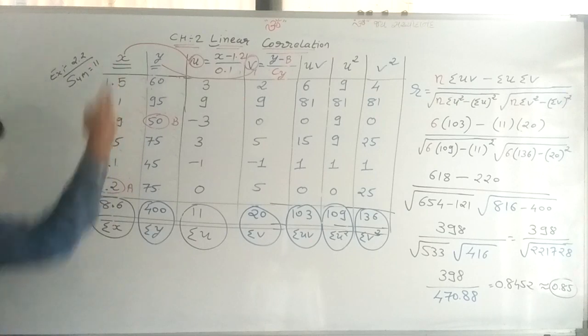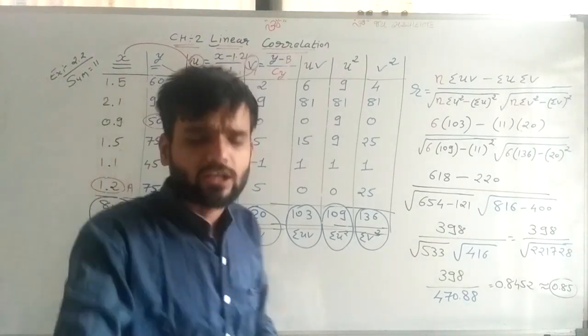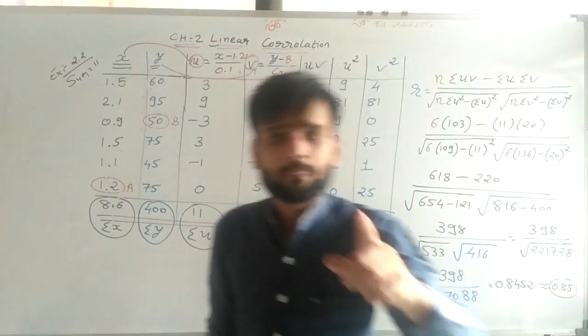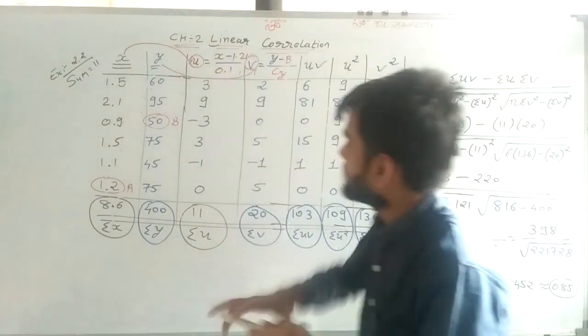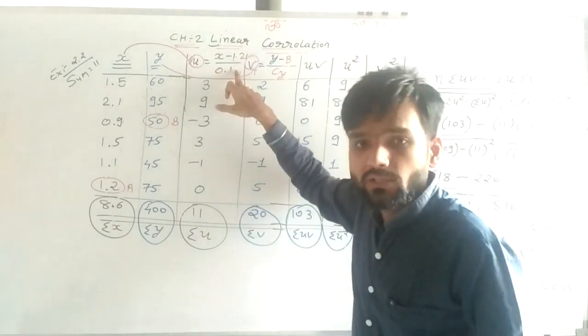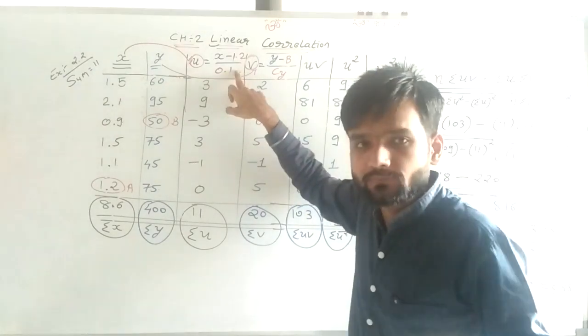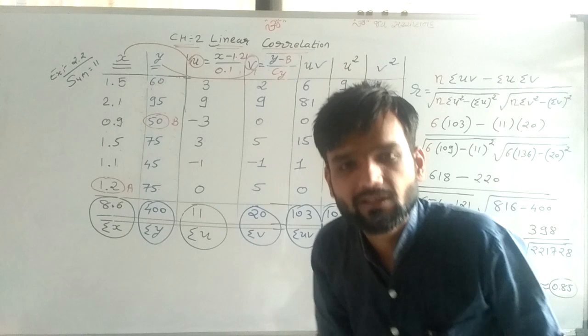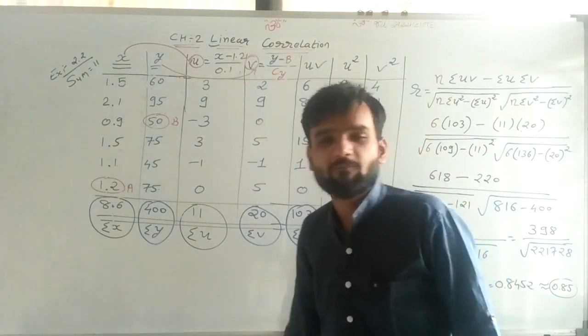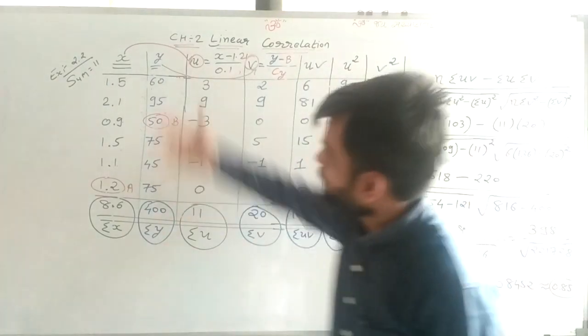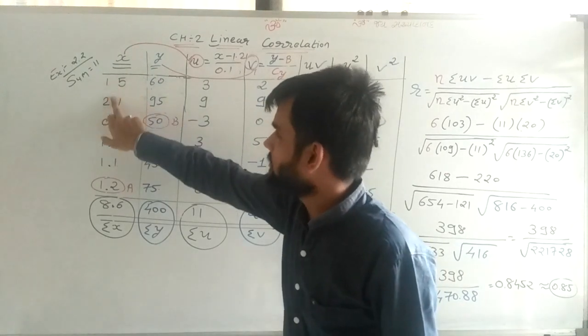Now I am giving you the simplest calculation also. This is the legal method that we have done. Now the illegal method, by which we do this sum very easily. First of all, here points are not given.